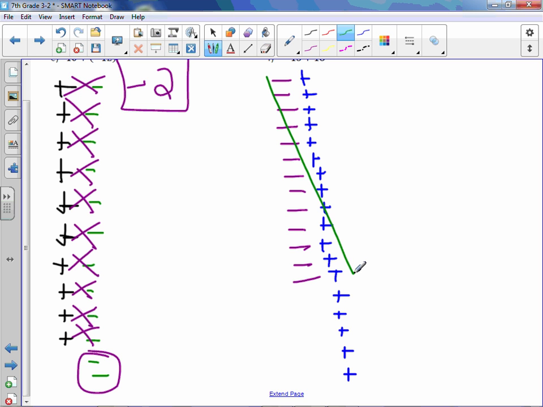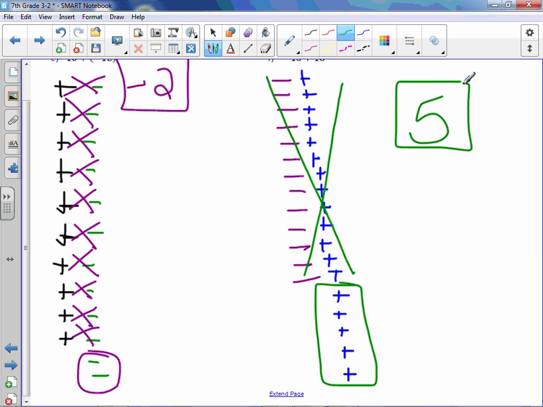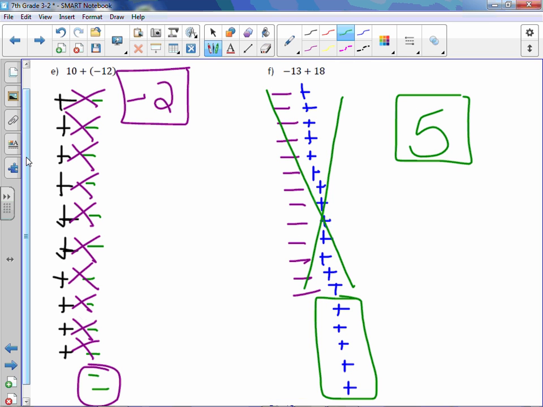Cross out your 0 pairs. We'll just do a giant X there. And you are left with 5 positives. So your answer is positive 5. Negative 13 plus 18 is positive 5.